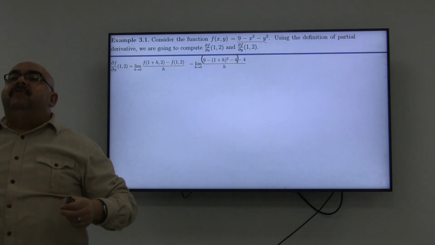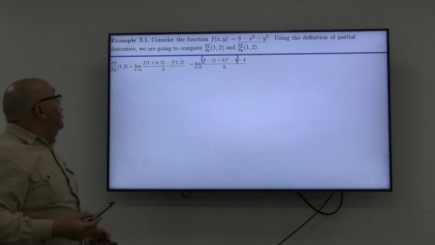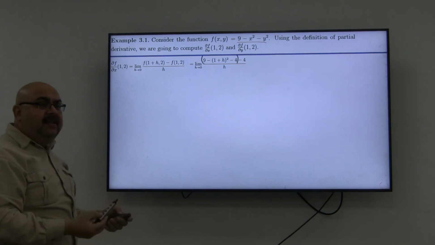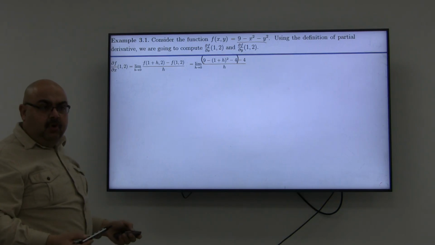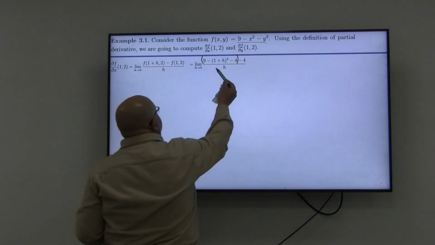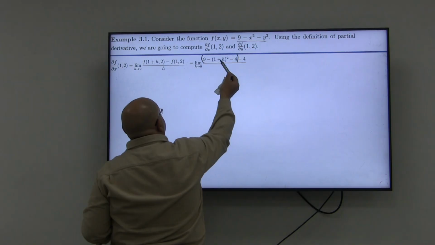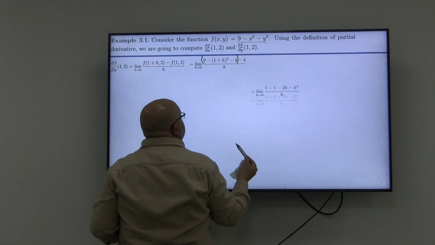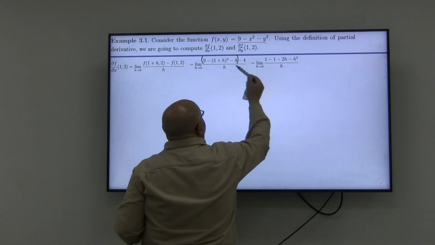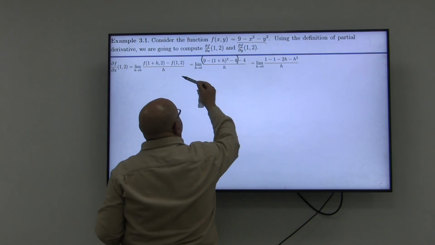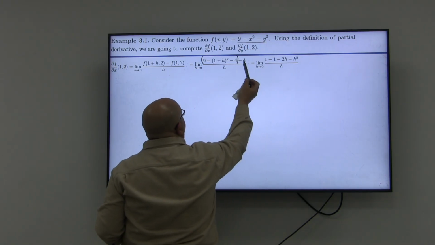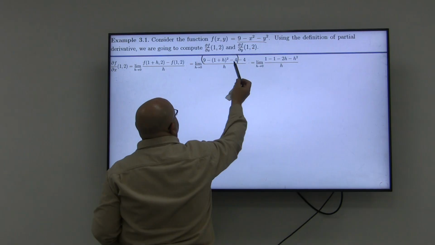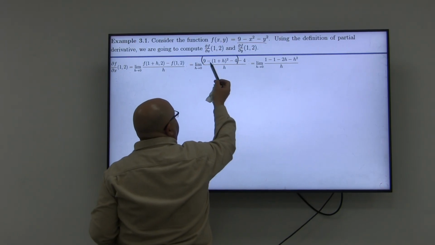Okay, start to simplify your life. I will try to see what's going to be added, what's going to be subtracted, and so on, by expanding this, which is going to be 1 plus 2h plus h squared. So this is the expansion, and then I will try to eliminate the numbers. You will have negative 4, which is negative 8, and then you will have negative 1, minus 1.